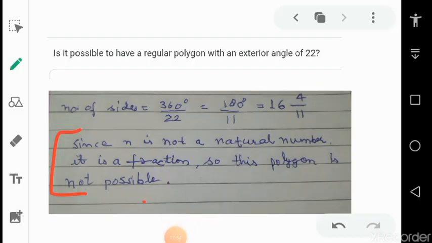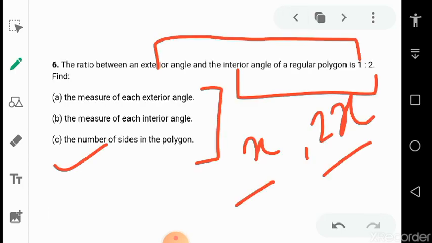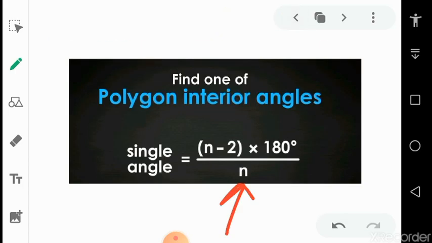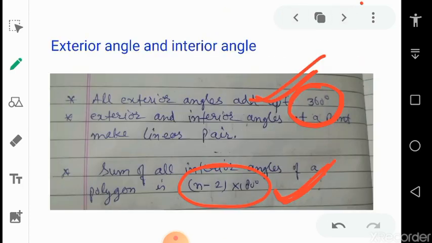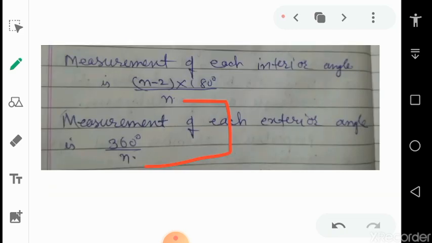The question was very important, and it's all about the properties of exterior and interior angles, and I think a few points should be revised. So let's move back. There are two important formulas. Here is the formula. The measurement of each interior angle is n minus 2 into 180 upon n.